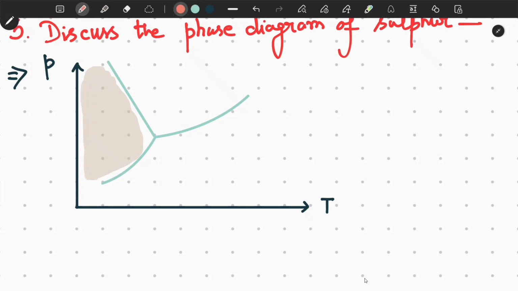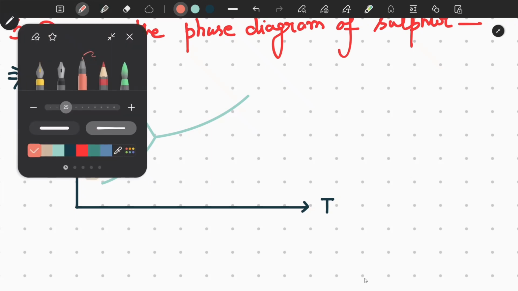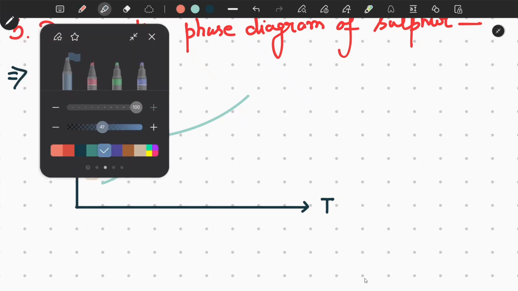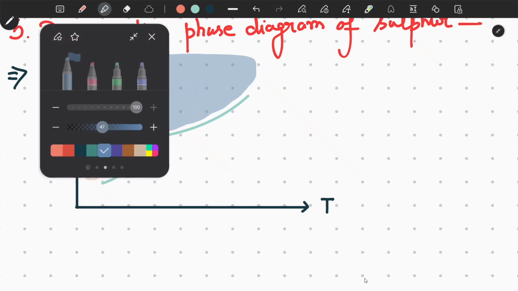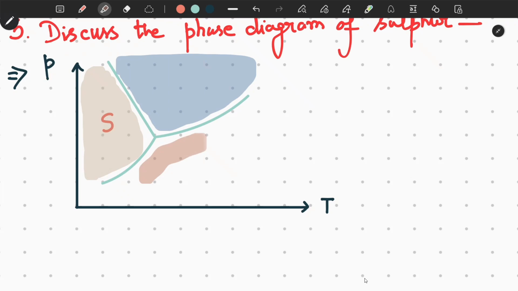So this is our solid. This is our liquid. And let me choose a different color. This is gas.